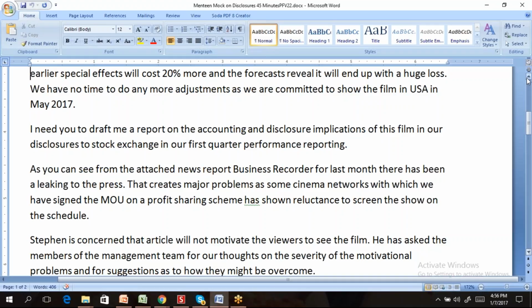So the question we have in our hand is, should we make a provision in our financial statements for the quarter ending 31st March 2017 for a loss that we are going to incur, an estimated loss? This is the question he is asking. In other words, even though it's not very direct, that is what the accounting implications are.